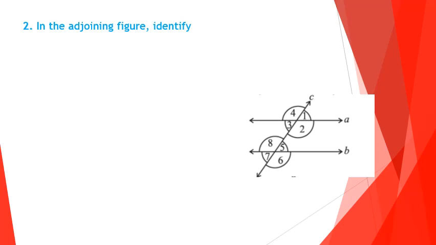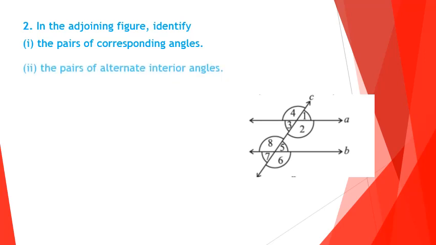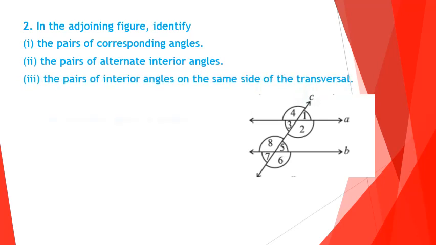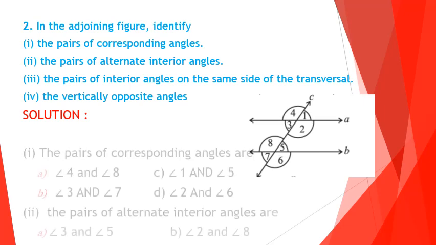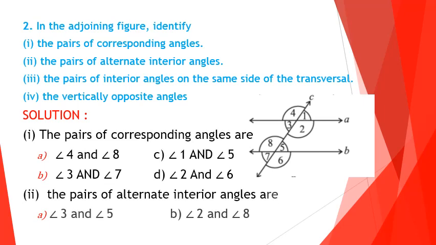Next question. In the adjoining figure, identify the pairs of corresponding angles. Corresponding angles means the pair of angles which lie on the same side of the transversal and in the same position.